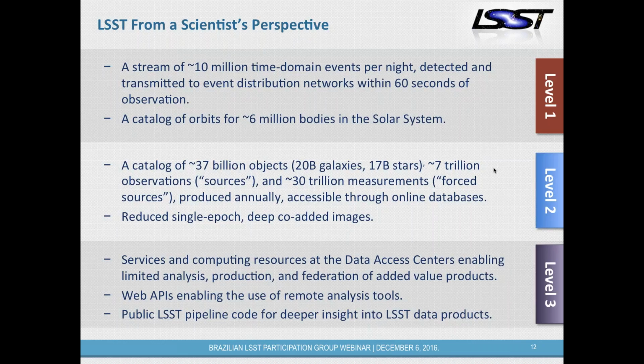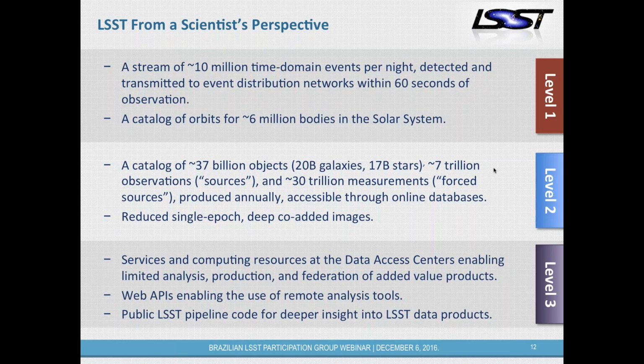These will be accessible through online databases, and as I said, we will produce these annually, except for the first year of data, where we will produce the first data release after 6 months and the second data release after 12 months, just to enable the science to start flowing as early as possible.